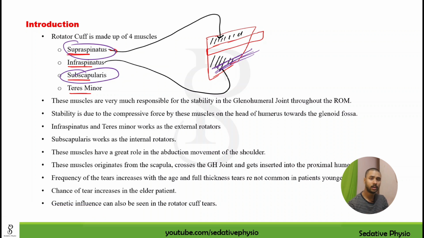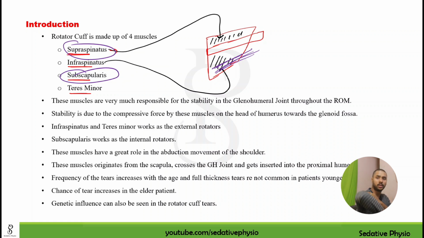So what happens here? The deltoid gives a translatory pull. At the same time, as we all know, in abduction we have both translation and rotation. Whenever we are doing the abduction movement, the deltoid is giving the superior pull. At the same time, from here we have the supraspinatus muscle, and it is pulling the humeral head in this direction, towards the medial direction.